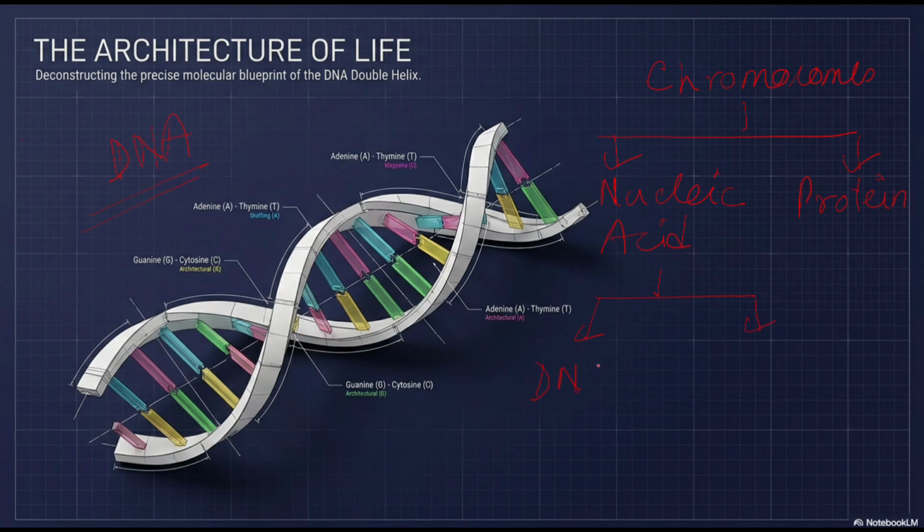One is DNA, deoxyribonucleic acid, which is 40%, and the second one is RNA, that is 1 to 5%. Proteins are of two types, histone protein, which is a type of basic protein, and non-histone protein, which is a type of acidic protein. So if you see the DNA structure, it's a double-stranded structure.